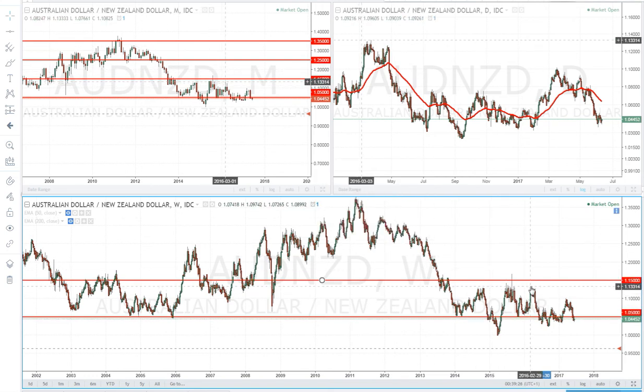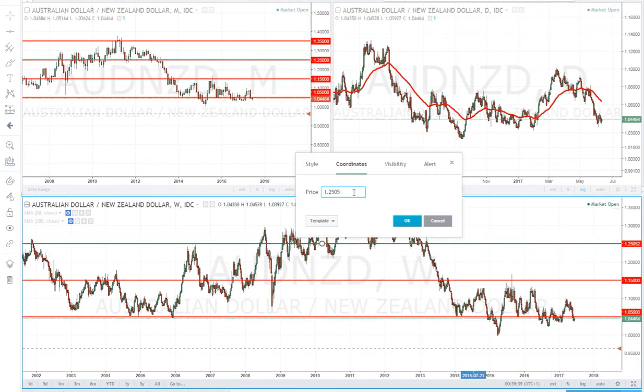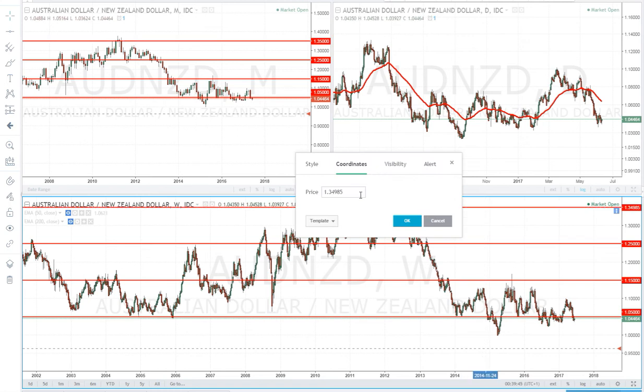It's actually 1.13, 1.125, something around that kind of area. That's what I mean. So 1.25 is actually quite okay on the weekly. And 1.35 we're not too bothered about at the moment, but it is just going to be sitting there.